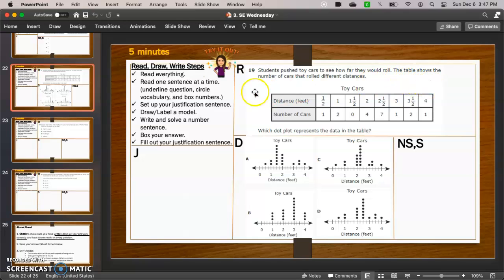The table shows the number of cars that roll different distances. Distance, number of cars. Which dot plot represents the data in the table? A, B, C, D. Pause the video while you work your problem in Pear Deck.